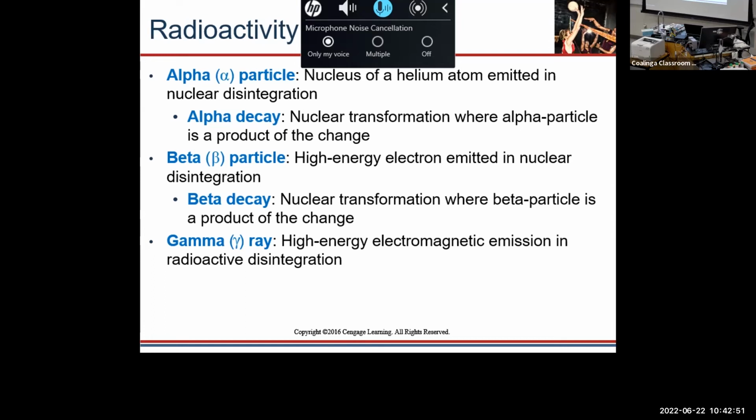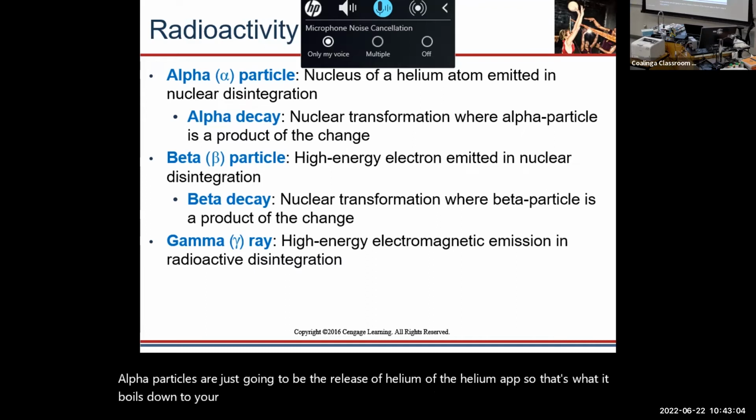Alpha particles are just going to be the release of a helium atom. That's what it boils down to.